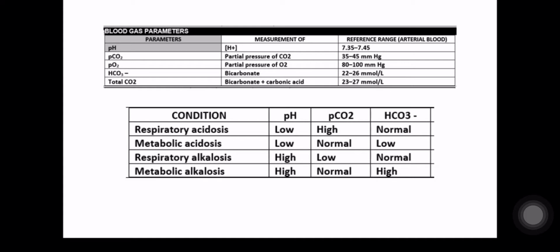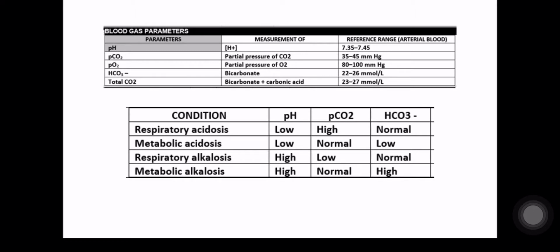PCO2 naman po, measures of course partial pressure of carbon dioxide po. And the normal range po is 35 to 45 mmHg po. Now for PO2 naman, that measures partial pressure of oxygen po. So ang normal value po is 80 to 100 mmHg.